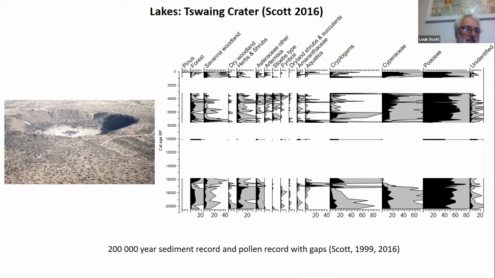What you see here is a pollen diagram with these massive gaps. And this is a long 90-meter sequence. The big gaps are probably areas of previous mega droughts or big drought events that worked their way back into sediments and oxidized pollen.